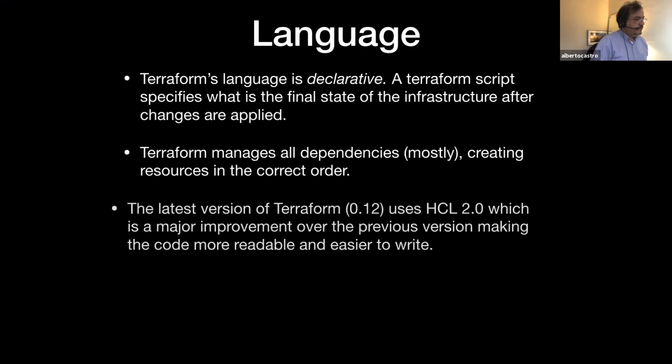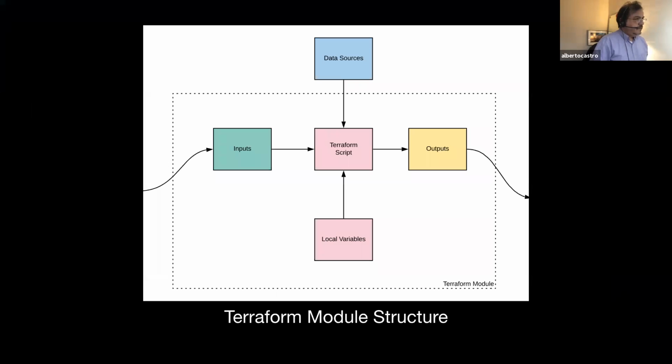As you can see here, we have a Terraform script, which is our main file, the file we're calling main. We have inputs, which are our variables. We have outputs, which are the information that we're going to get once Terraform finishes. We have local variables.